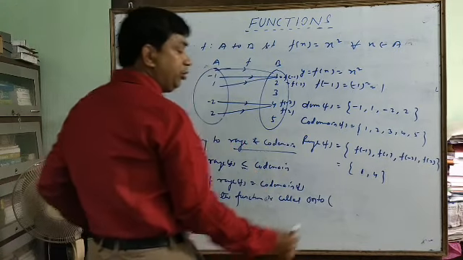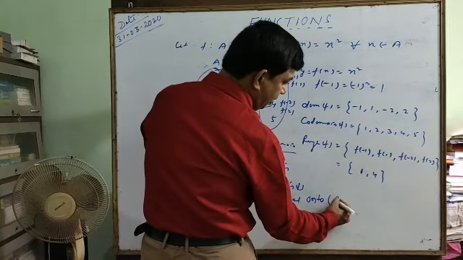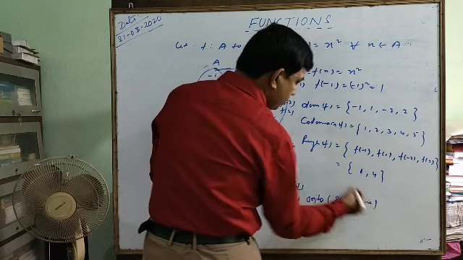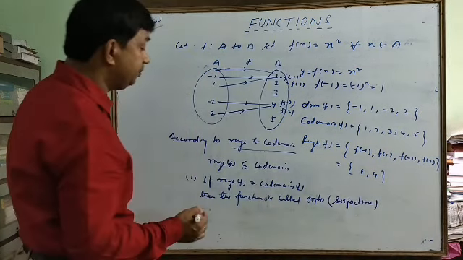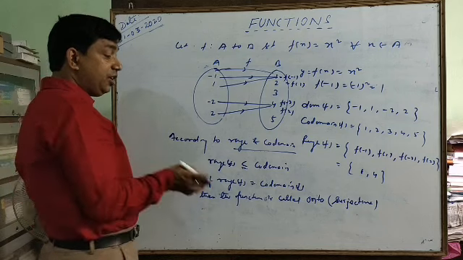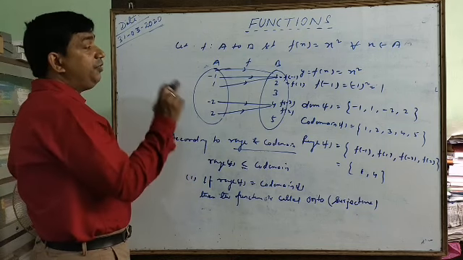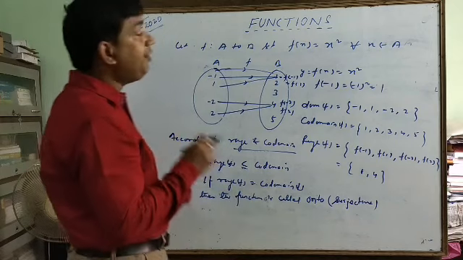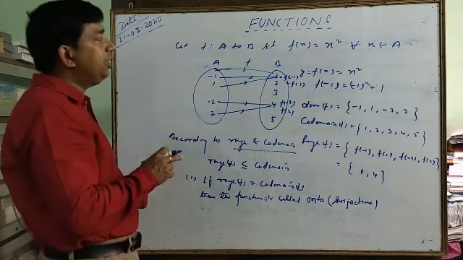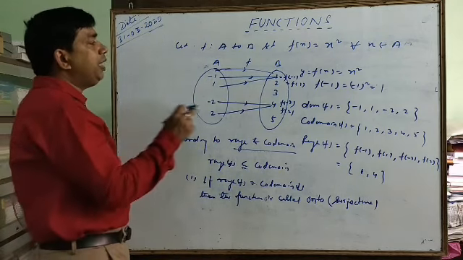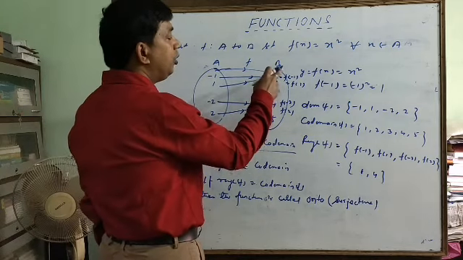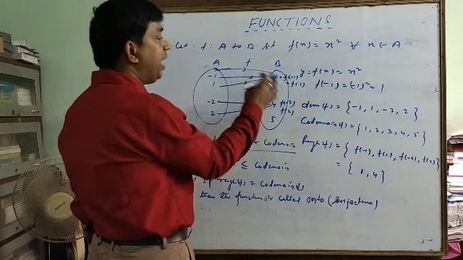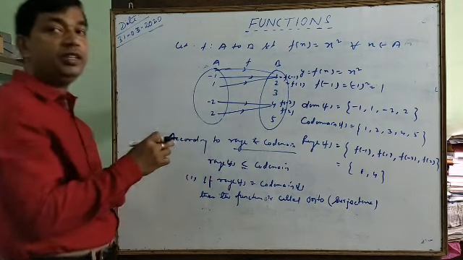The other name of onto is surjective. Means we can say in another way, if f is a rule from A to B, then every element of B has at least one pre-image in set A.